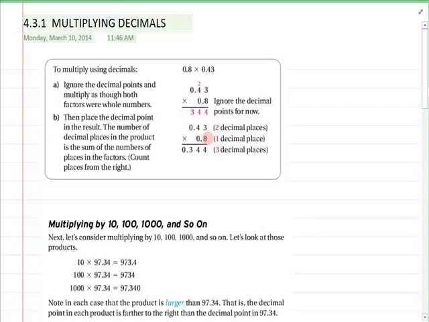There's 1 digit to the right of a decimal in this, so I would say that there are 1, 2, 3 decimal places. So the answer has to, starting at the right, 1, 2, 3, and then drop your decimal point. So I'll review that as we go on, but you count the number of digits behind the decimal. So that was 2, that makes 3. So now in the answer we have to have 1, 2, 3.